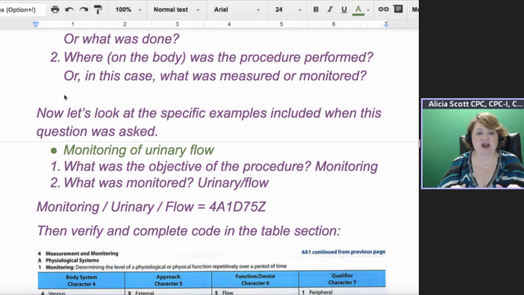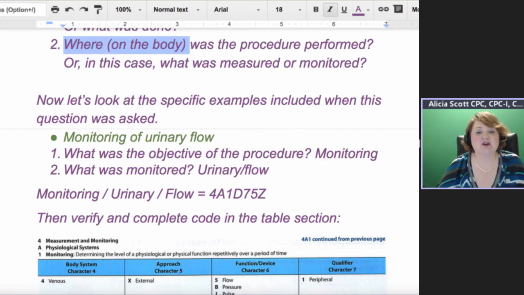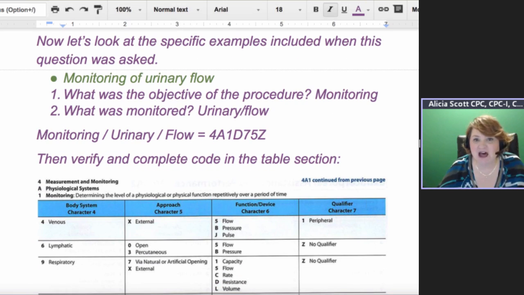Chandra found a great graphic here, so let's start with something simple, urinary flow. If you're in the hospital for any extended time, lots of people get catheters. But even if they haven't got a catheter, they may be monitoring how much urine input and output they have.